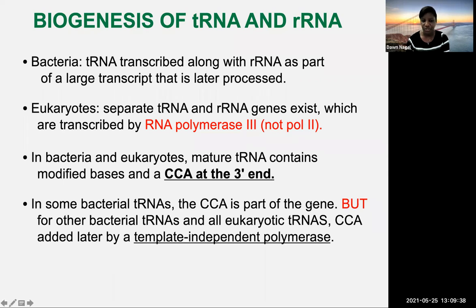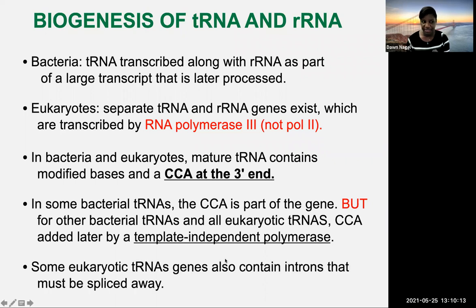Okay, so the gene gets made, the CCA is encoded, it gets added. Some other bacterial tRNAs and all of the eukaryote tRNAs, the CCA gets added at the end. So it gets added as modified bases to the end of the tRNA, okay? And it's not dependent on any kind of template. So there's a polymerase that will add the CCA to that end of that tRNA in eukaryotes, okay?